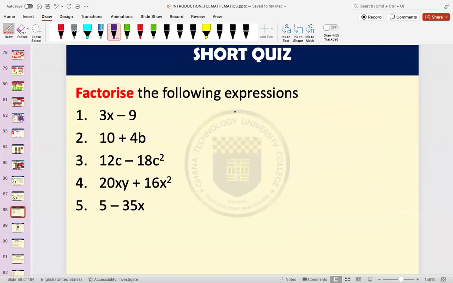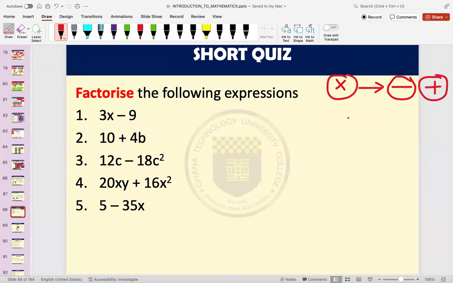Therefore, let's use this short quiz to see how we can change either multiplication to subtraction or addition.